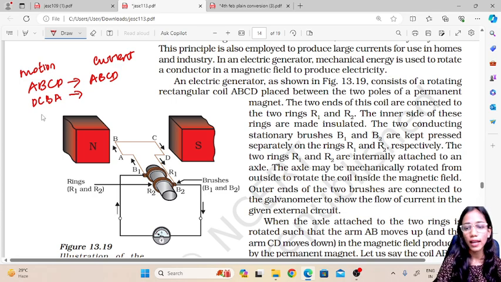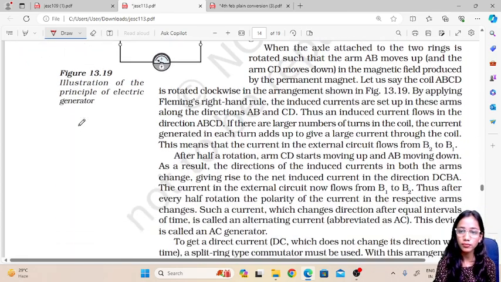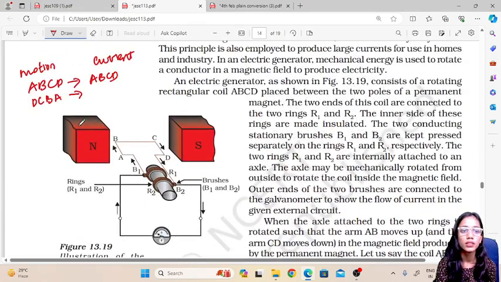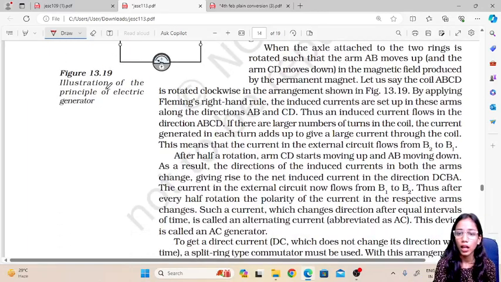Again applying Fleming's right hand rule, it is observed that the current also moves in the same direction, that is D, C, B, A. Now we can see that the directions of the induced current in both the arms change, giving rise to the net induced current D, C, B, A.